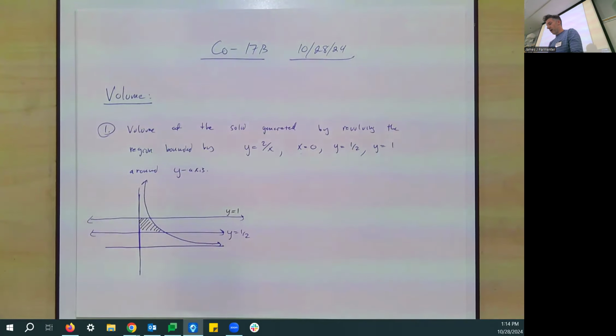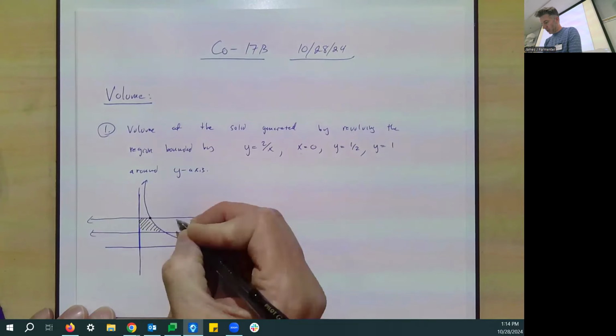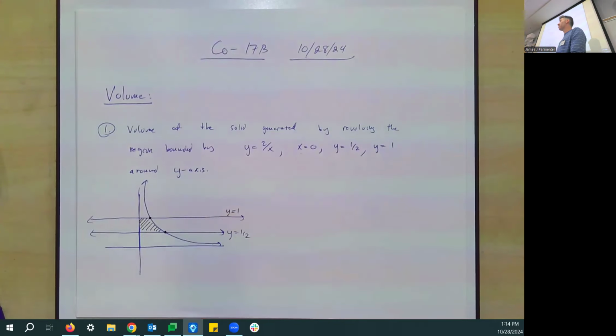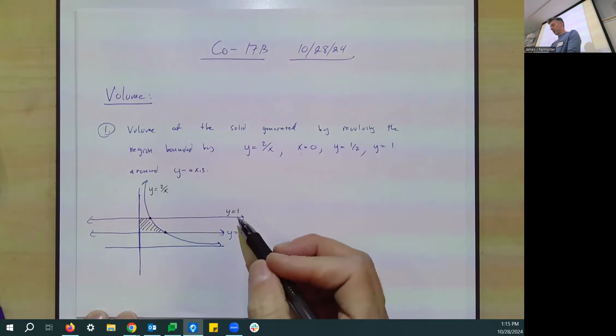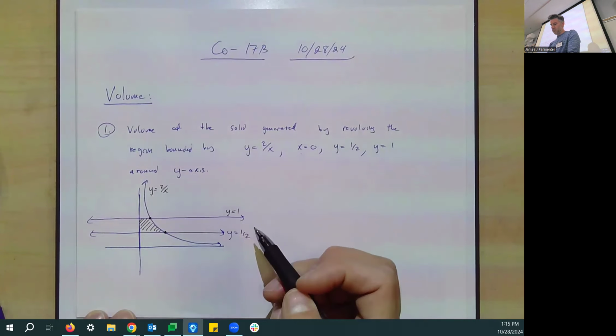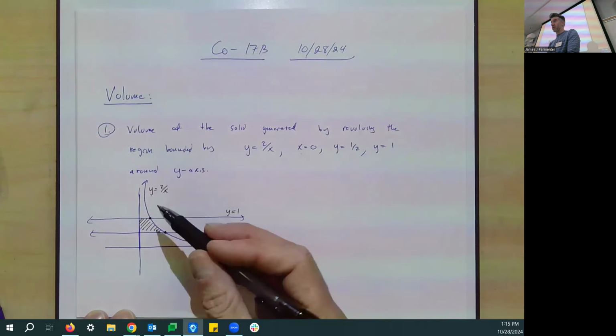It is also worthwhile to find these points of intersection here. Sometimes you don't actually really need them at all. In this problem, I don't think we actually need them, but we're going to find them anyway. So this is the curve y equals 2 over x. I think it's relatively straightforward to see that if y equals 1, x is going to be 2.